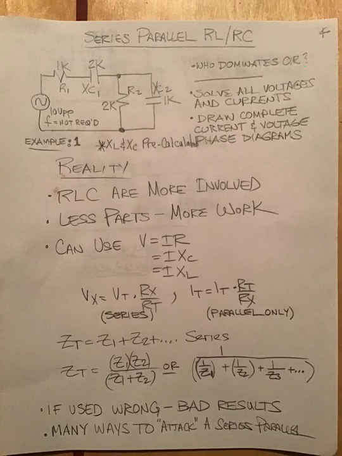So, in reality, an RLC circuit is more involved. What you typically find in this chapter is, although there are a few larger problems, a lot of them are smaller with less parts. And I want to refresh in your mind that you can use Ohm's law everywhere, here, here, here, here.